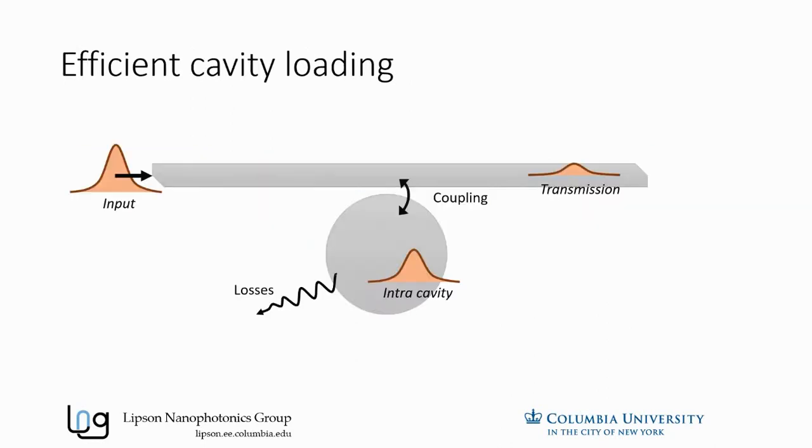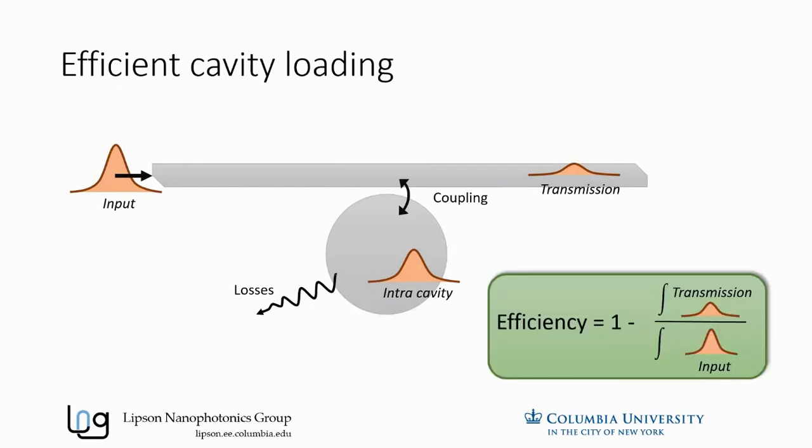To quantify this process, we define an efficiency for which we integrate the area under the output pulse, normalize it with respect to the input pulse, and subtract from 1. So we have an efficiency that is high if we have a lot of pulse loaded into the cavity, and vice versa. If the pulse transmits more or less unchanged, it's very low.